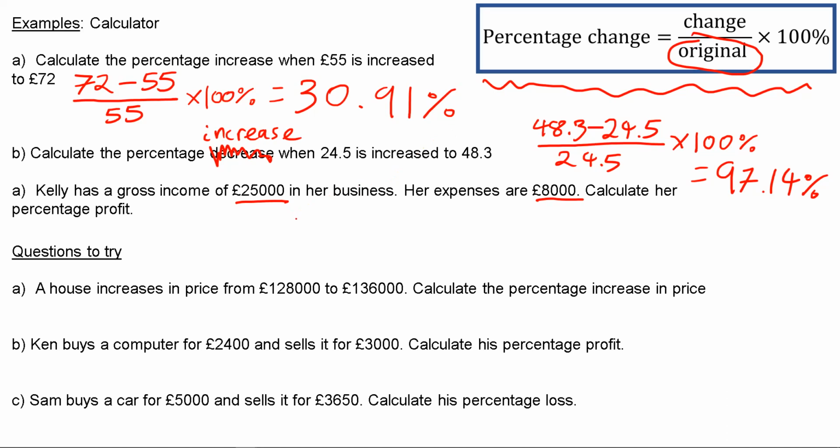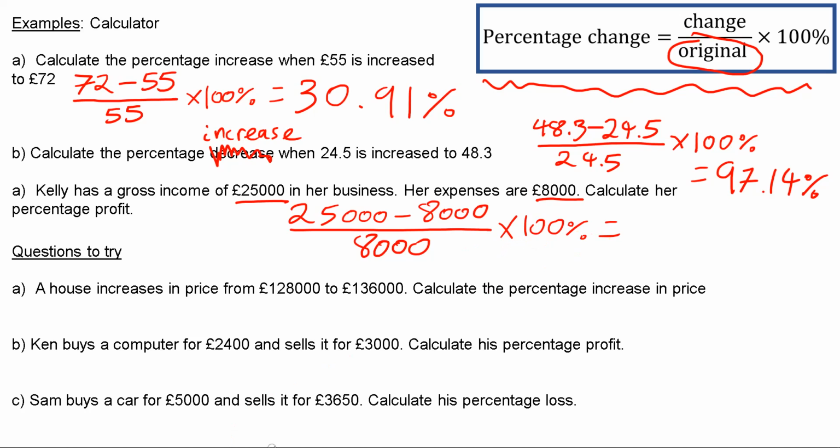So here we can say that the percentage profit is going to be 25,000, take away 8,000 because that's her profit, all over 8,000, which is the expenses or the costs. We would then times all of this by 100%.